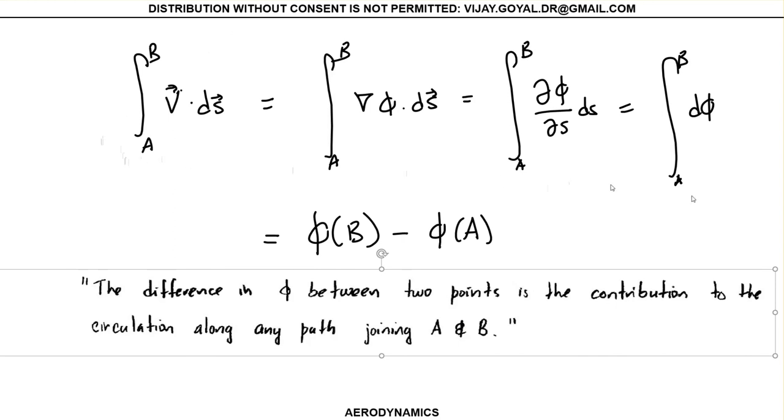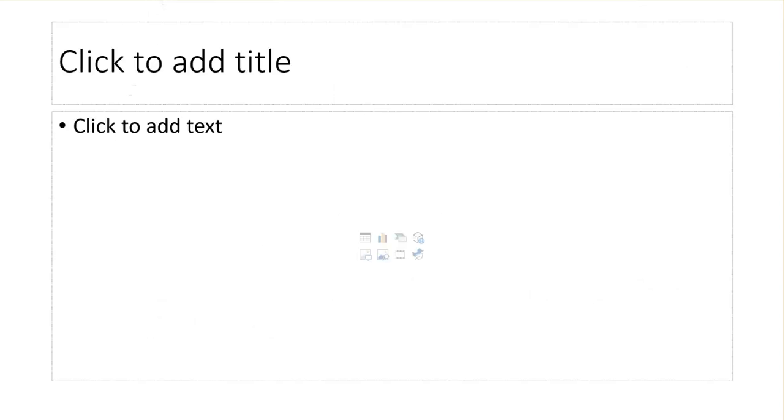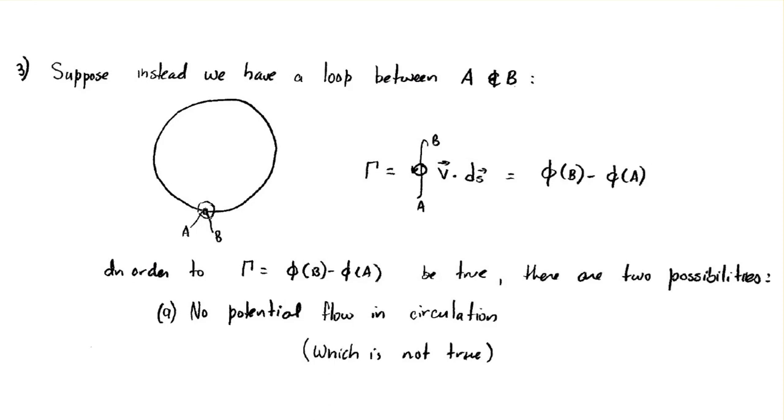Okay. So that's important for you to learn and understand, but that's a consequence of the potential flow. This is how potential flows work. So let's understand how the circulation really affects the potential flow now. And to do that, what I want you to think in this problem is, let's suppose instead we have a loop, right?